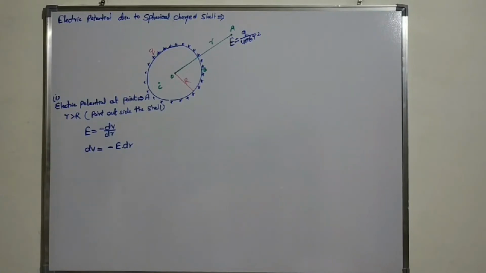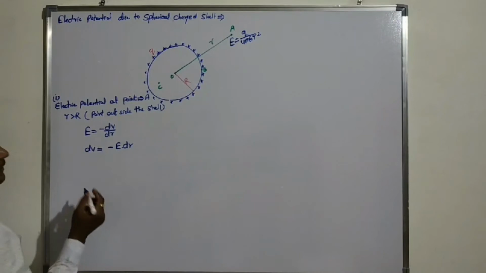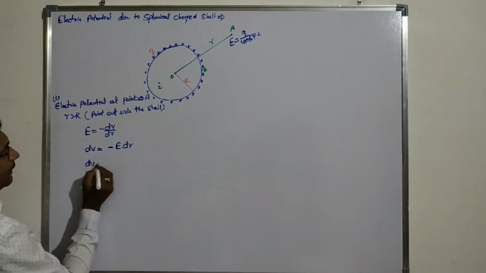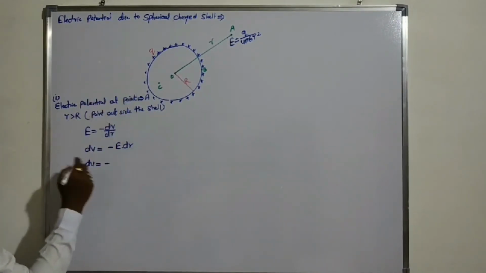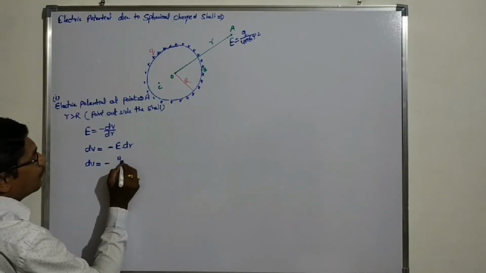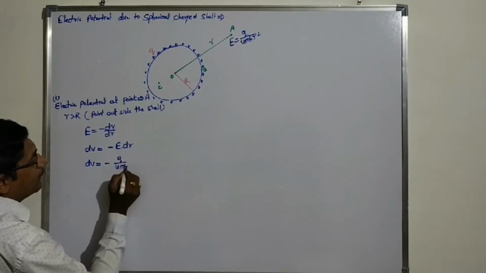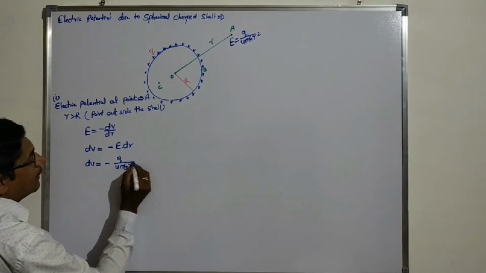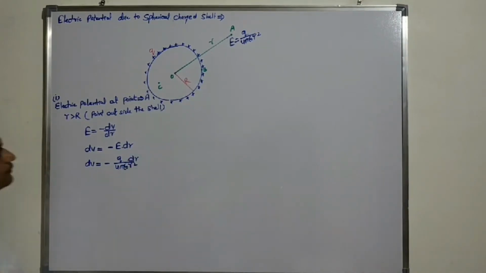So dV equals minus Q upon 4 pi epsilon naught R square dot dr.